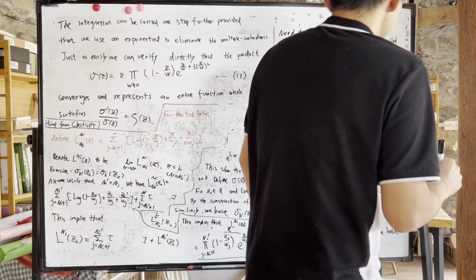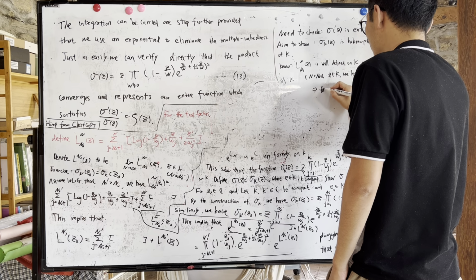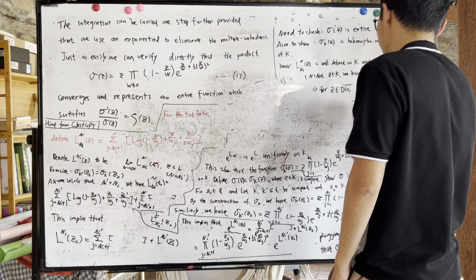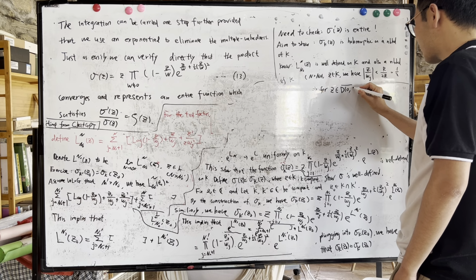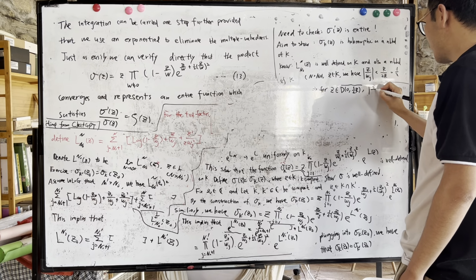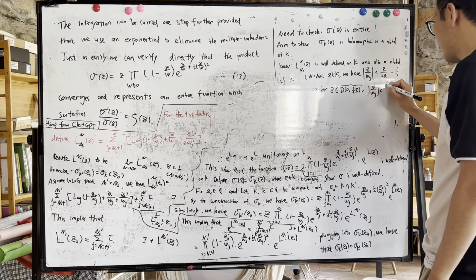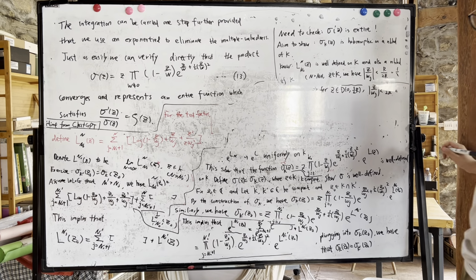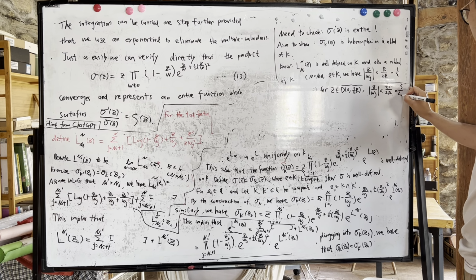So for z in the closed disk of radius 1.5r, which is 3 over 2r, we have the modulus of z over omega j less than 3 over 2r over 2r, which, multiplying by 2 on both sides, is 3 over 4.